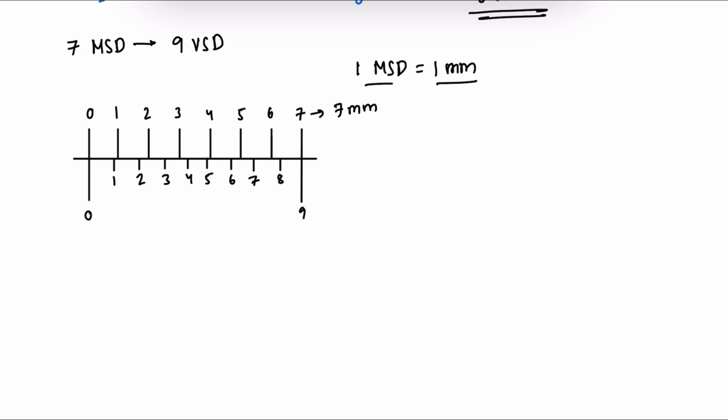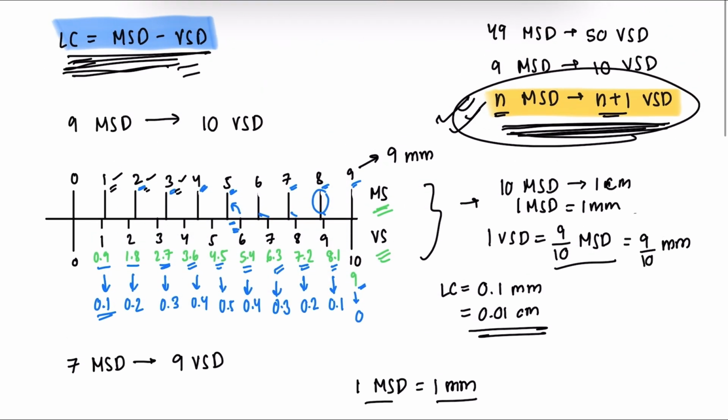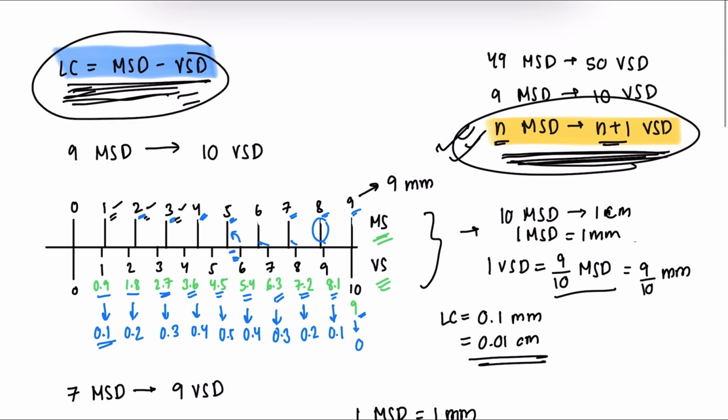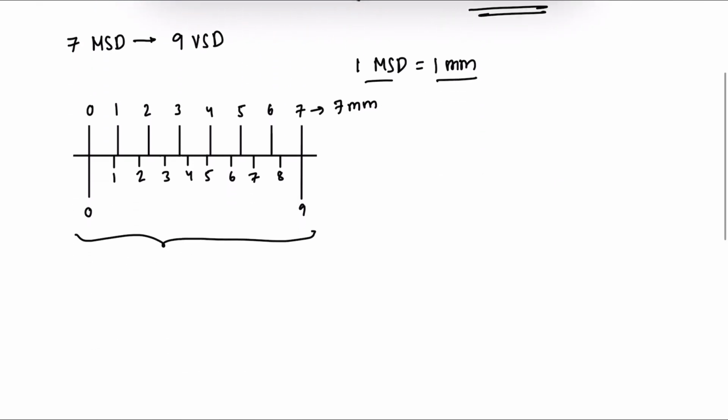Now let's find out two values. One is the least count using the number line and finding the least distance between two divisions. And the other one is by using this formula. And we'll compare those two values. So let's first find the least count using the formula.